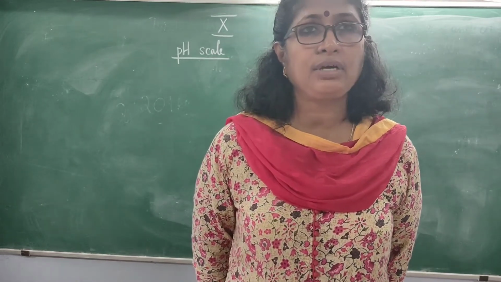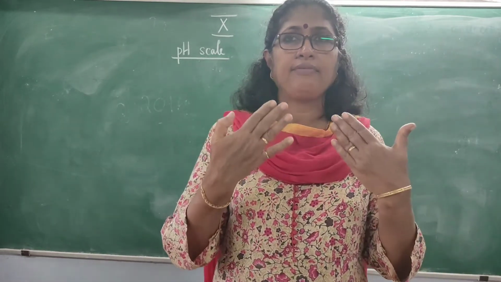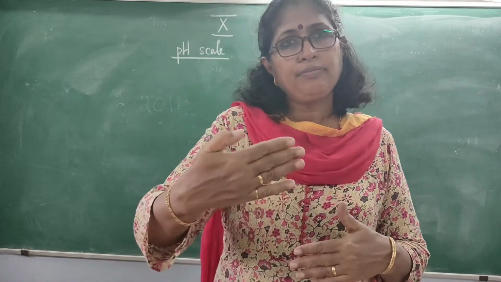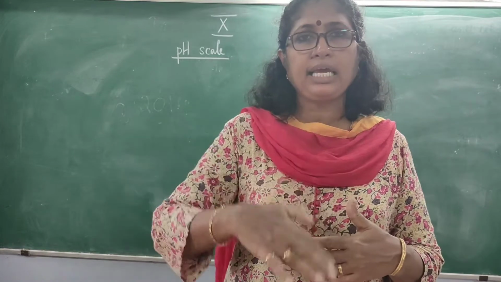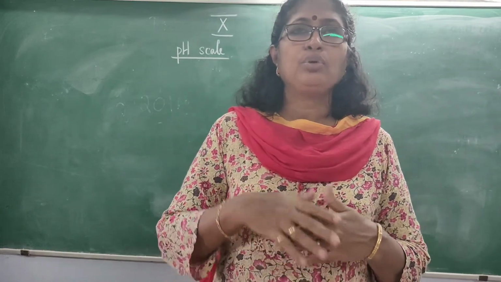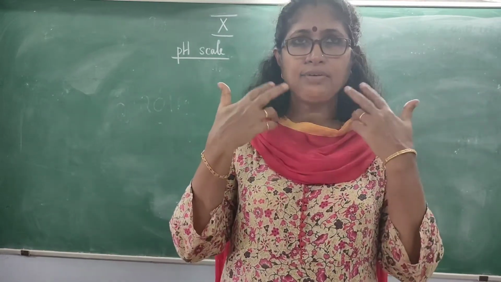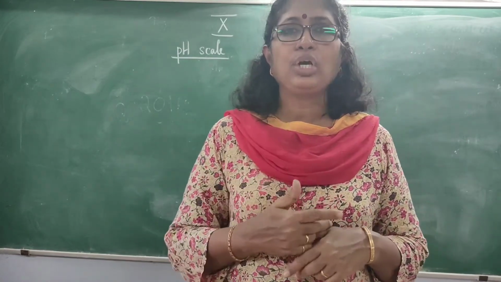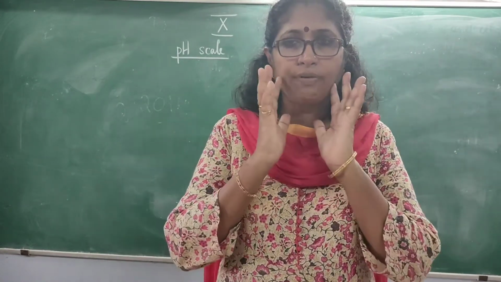Our tooth can withstand only a pH of 5.5. When the acids are produced, pH will again come down. So what happens is this excess acid will start to react with our teeth and it will destroy the calcium phosphate layer of our teeth.